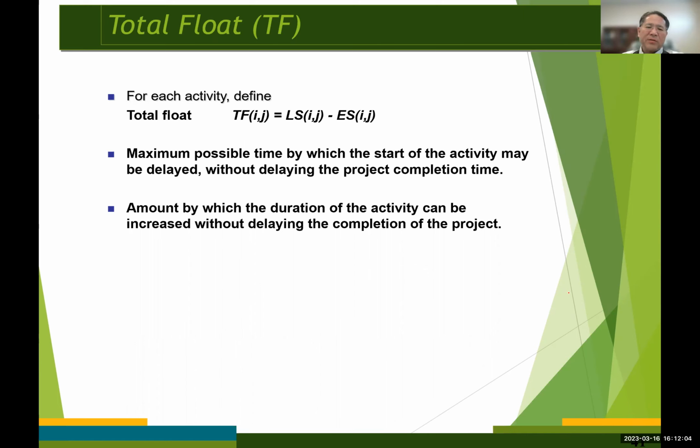Of course, assuming no other activities are delayed, okay? So equivalently, the total float of an activity is the amount by which the duration of the activity can be increased without delaying the completion of the project, okay?